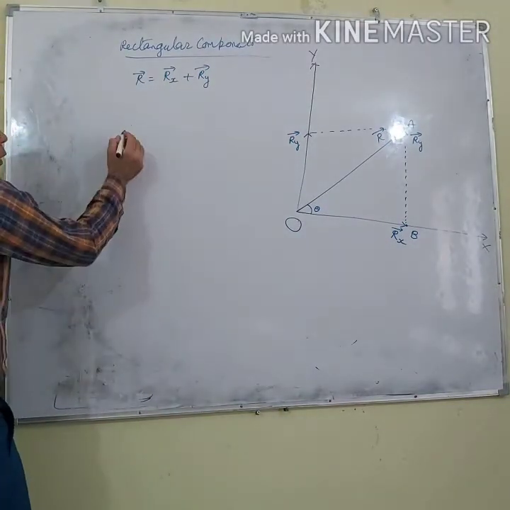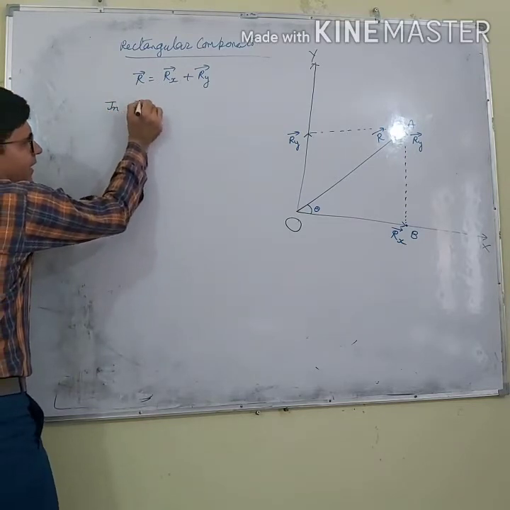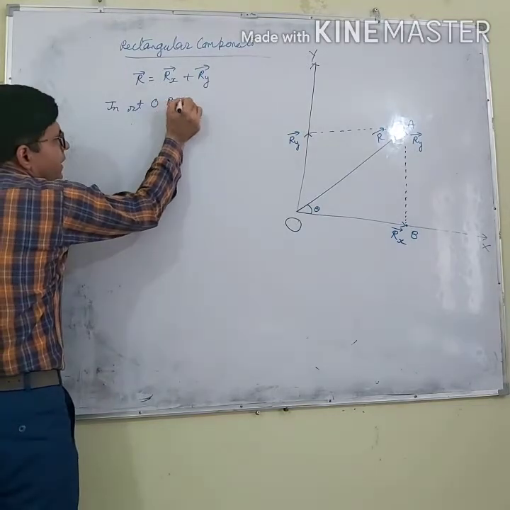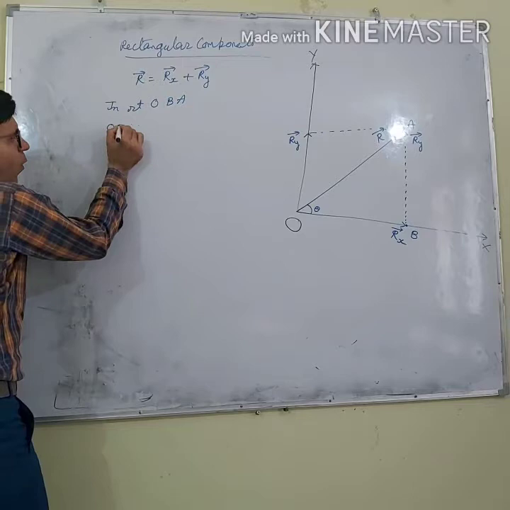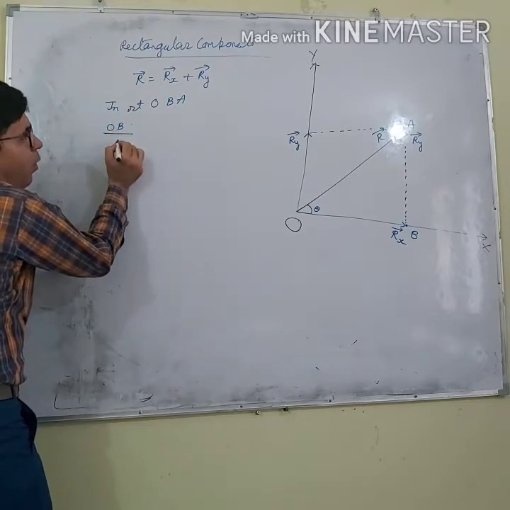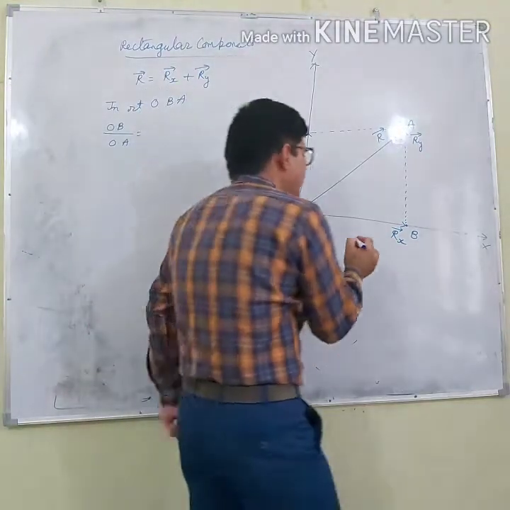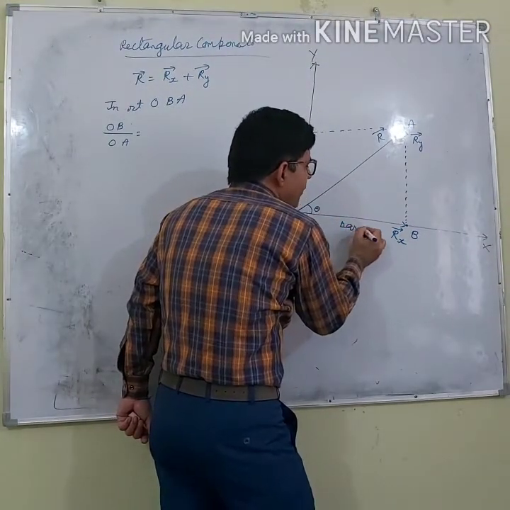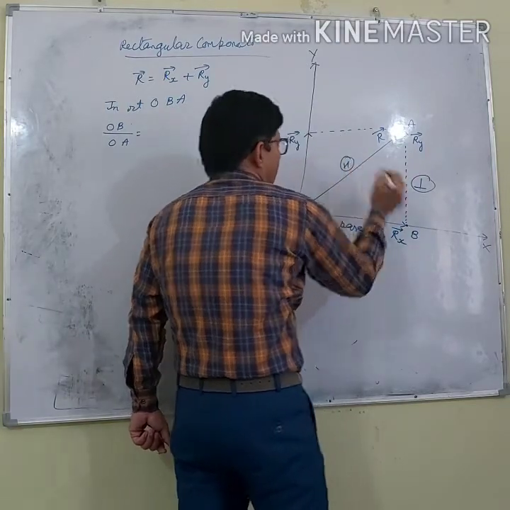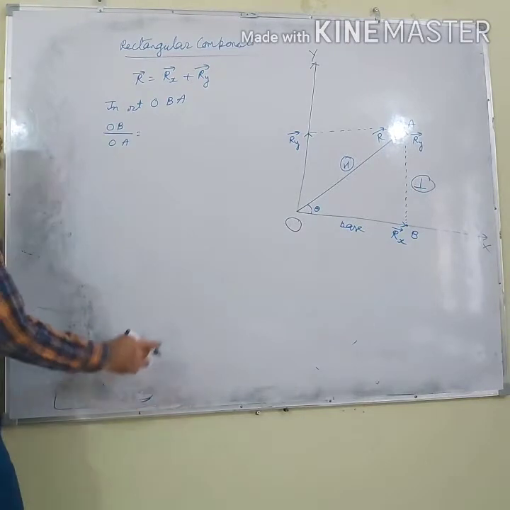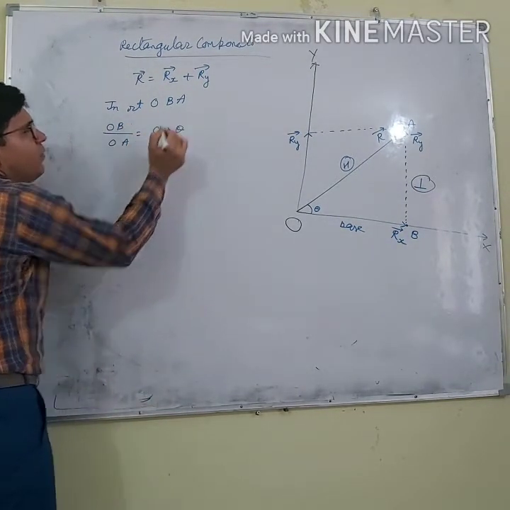Now, what is Rx in the right triangle OBA? I can write OB upon OA. OB is the base, this is the perpendicular, and OA is the hypotenuse. Base upon hypotenuse is cos theta.